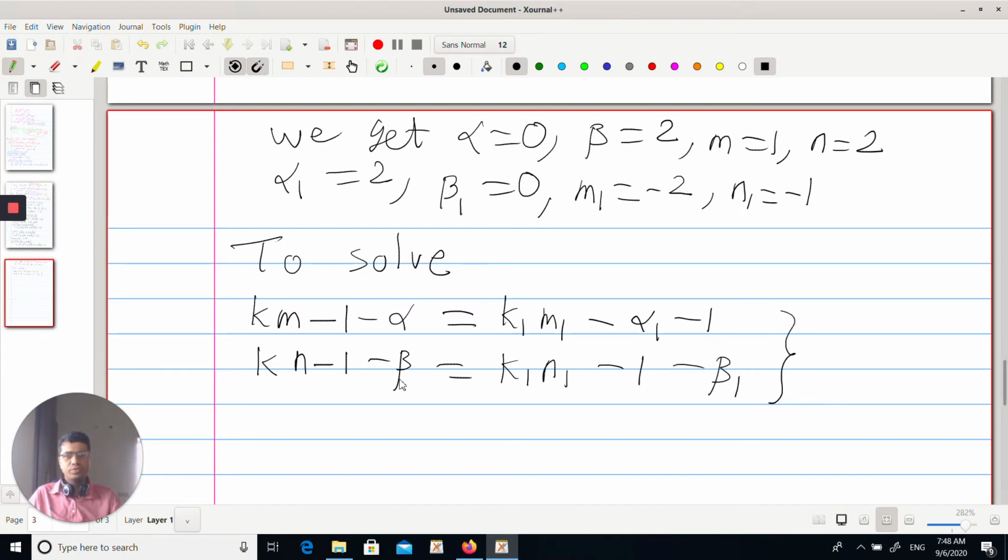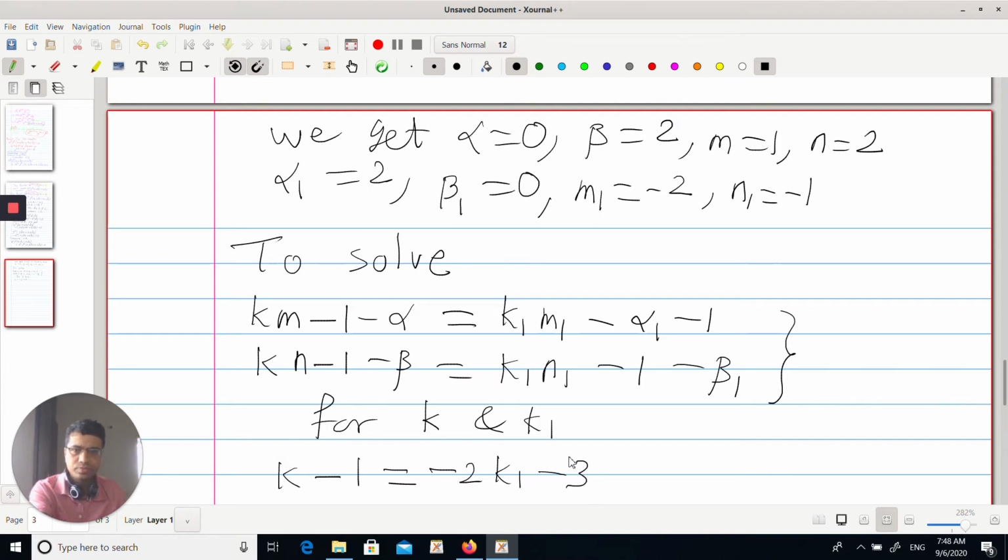So we solve this for k and k1. The first equation: m equal to 1, so it is k, minus 1, alpha is 0, equal to k1 m1; m1 is minus 2, so minus 2 k1. Alpha 1 is 2, so minus 2 minus 1, it is minus 3.